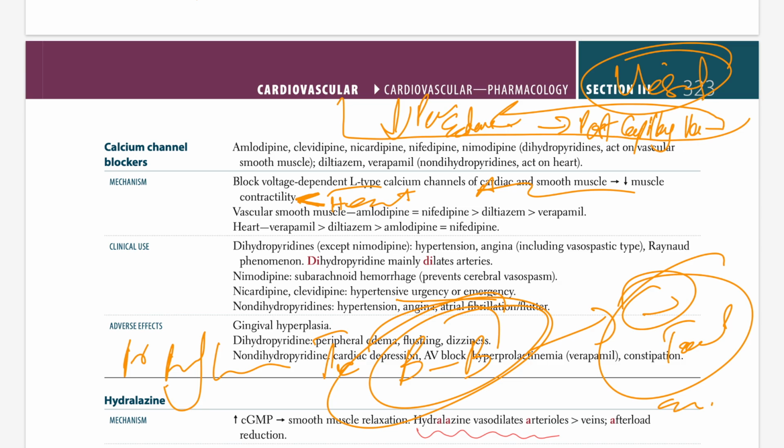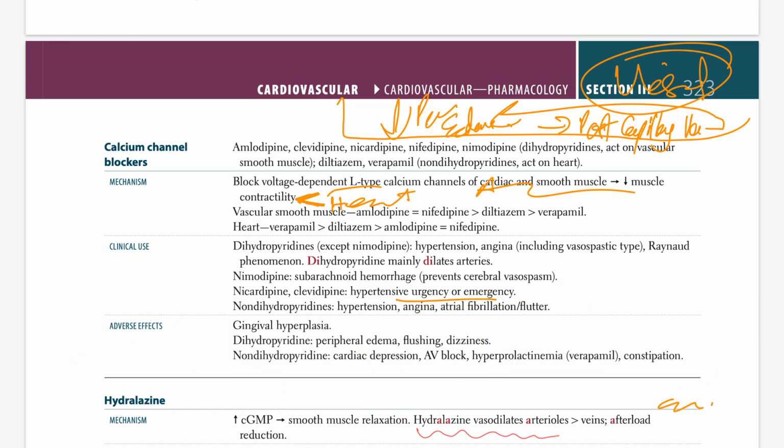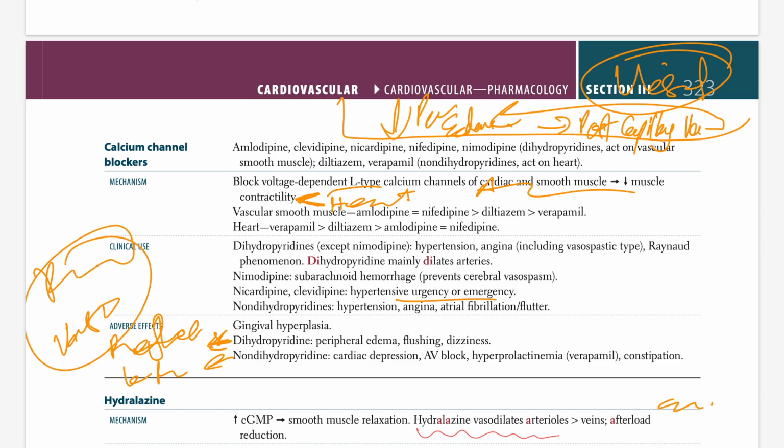But which drugs do we see this reflex tachycardia with specifically? Dihydropyridines, because these are the ones causing it. With non-dihydropyridines, very little. There is less chance of getting reflex tachycardia, but with dihydropyridines, reflex tachycardia, because they are causing peripheral vasodilation.